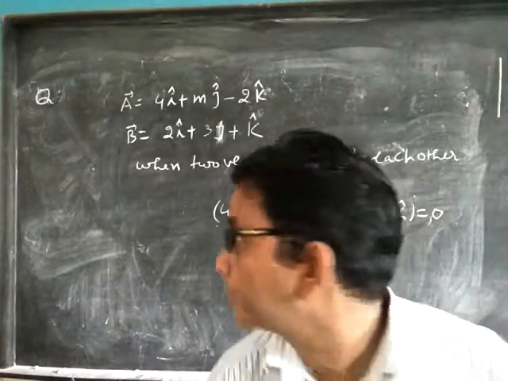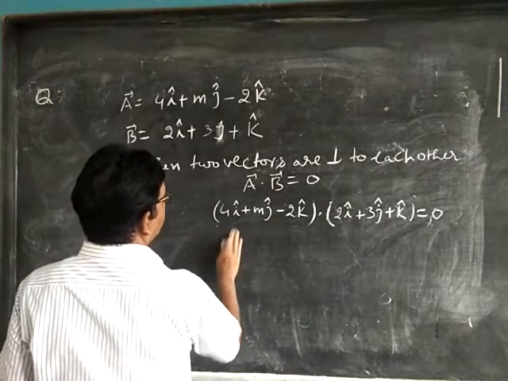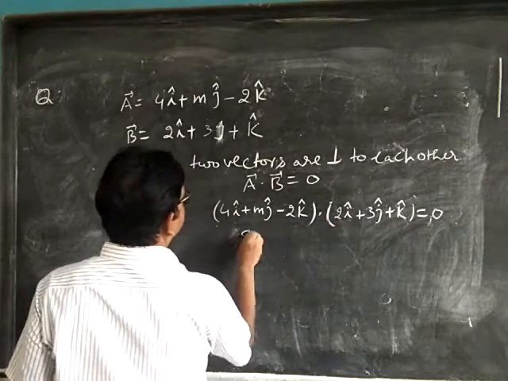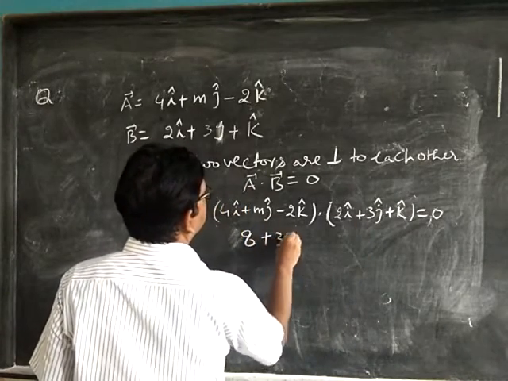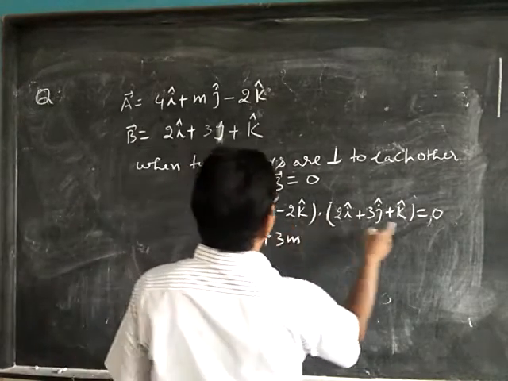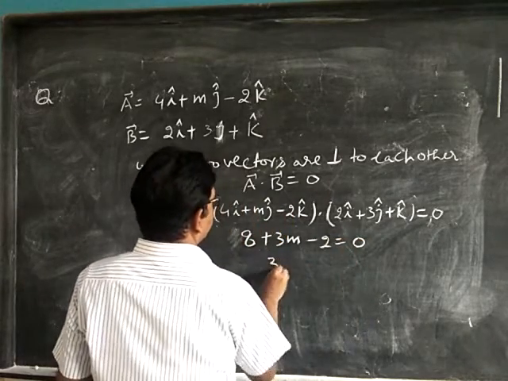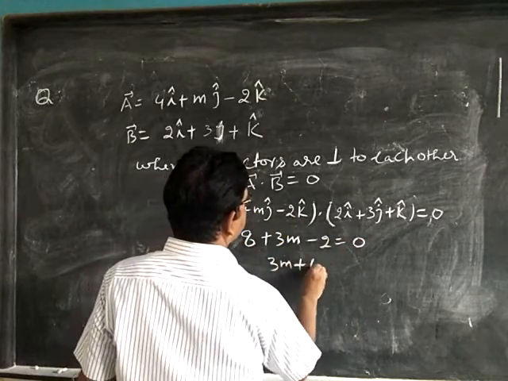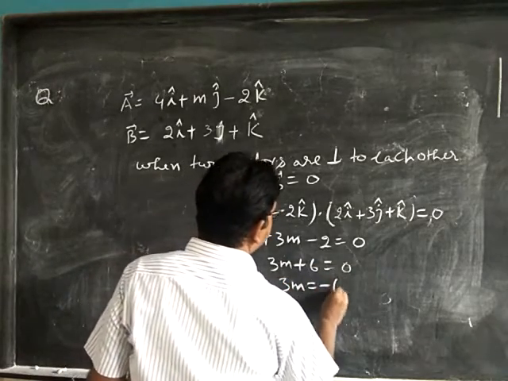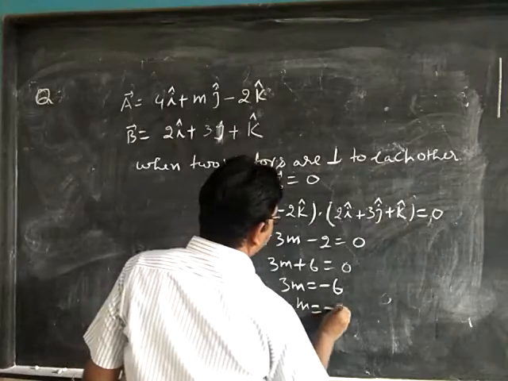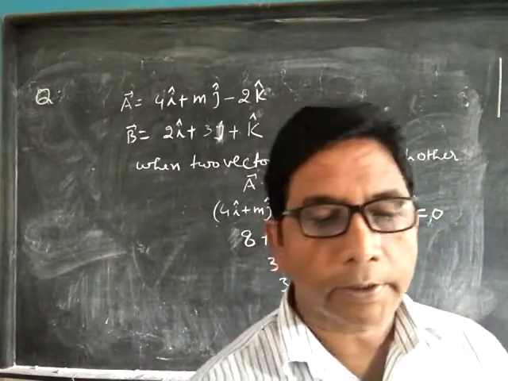Then it becomes i dot i, that is 4 2 are 8, plus 3m minus 2 is equal to 0. 3m plus 6 is equal to 0. 3m is equal to minus 6, m is equal to minus 2. Now we will discuss the next question.